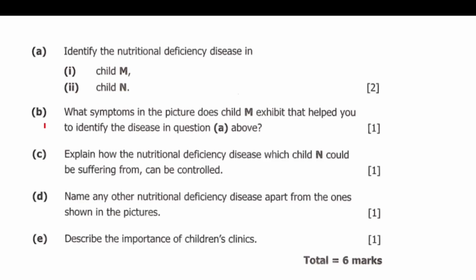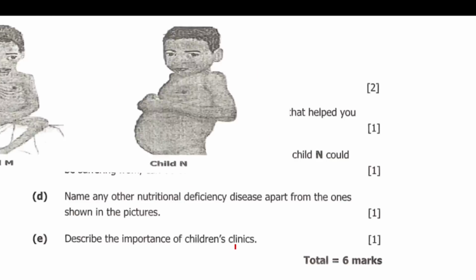Child N. B. What symptoms in the picture does child M exhibit that helped you to identify the disease in question A above? C. Explain how the nutrition deficiency disease which child N could be suffering from can be controlled. Then D. Name any other nutrition deficiency disease apart from the ones shown in the pictures. E. Describe the importance of children's clinics.